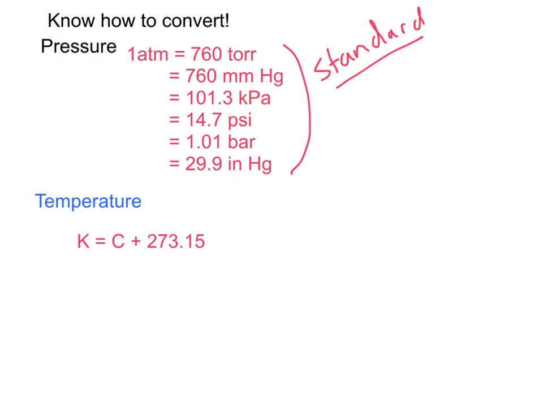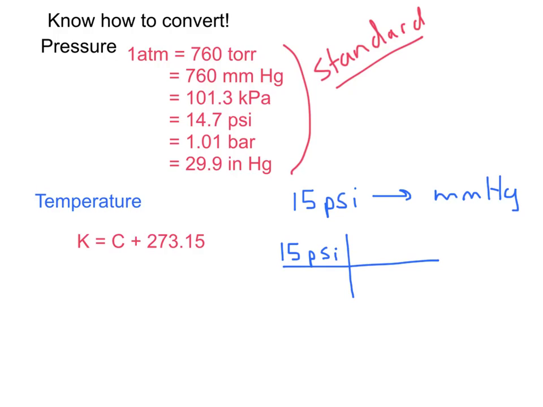Now remember, with these pressure equivalents here, you can set up fractions. For instance, if I needed to go from, say, 15 psi to millimeters mercury, I could easily do that by starting with the 15 psi, then setting up a factor or a fraction that was basically multiplying it by 1, by taking the 14.7 psi, which would be equal to 760 millimeters mercury.